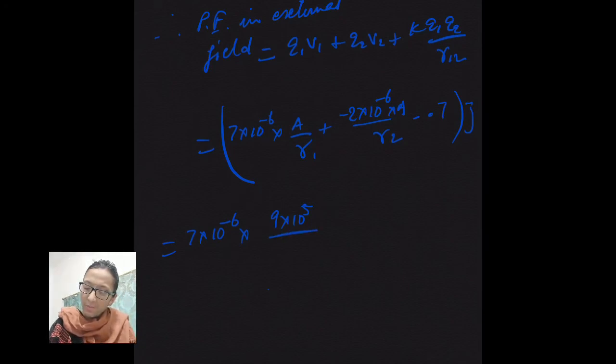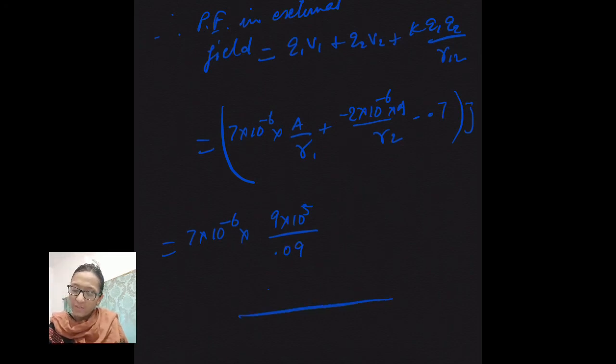upon its position. Its position is 9 centimeter along the negative x-axis. So I should write it from the origin if you are taking it so. It will be 0.09 meter.